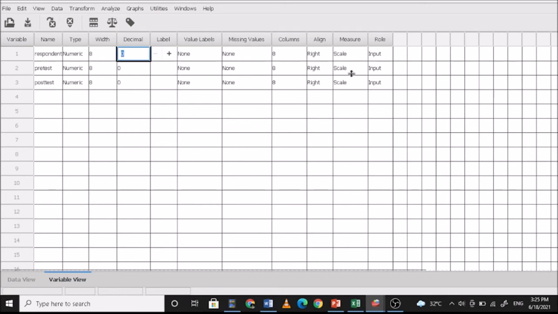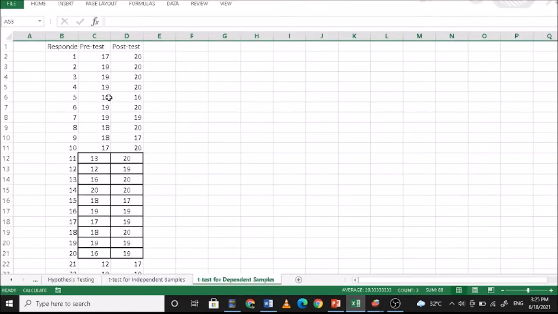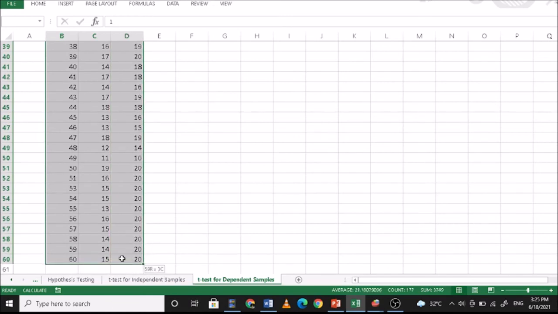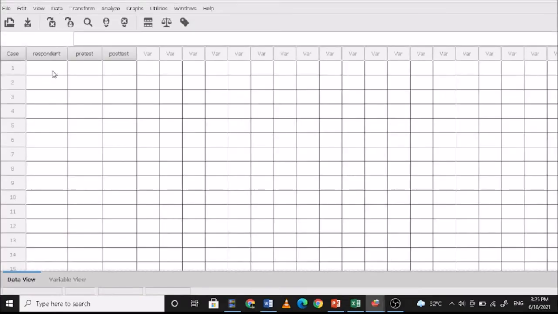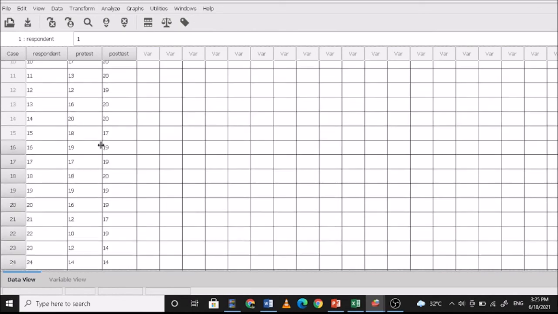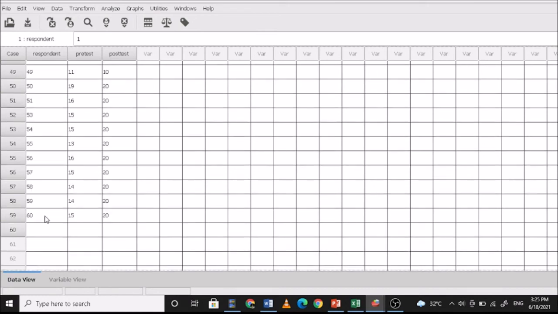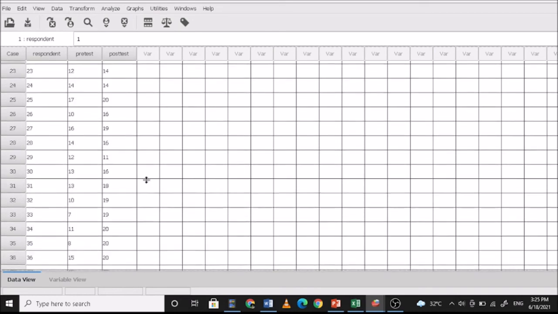This one is nominal. And in your data view, you can simply copy this one. So instead of 60, you now have 59, but at least 30. So 59 respondents.